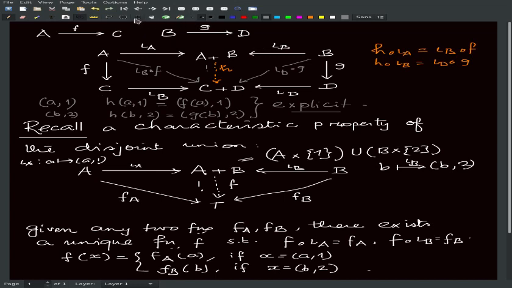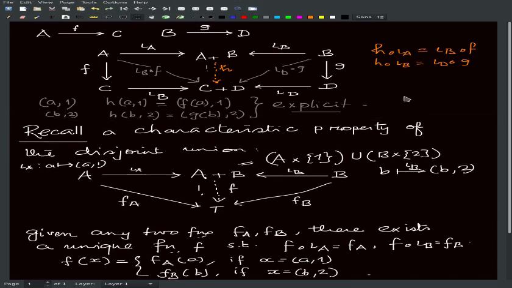Okay. Now let me show what I did not show earlier, trying to validate this part. So what do I mean by characteristic property? I mean to say that the disjoint union, or A plus B, is a set which has this property.